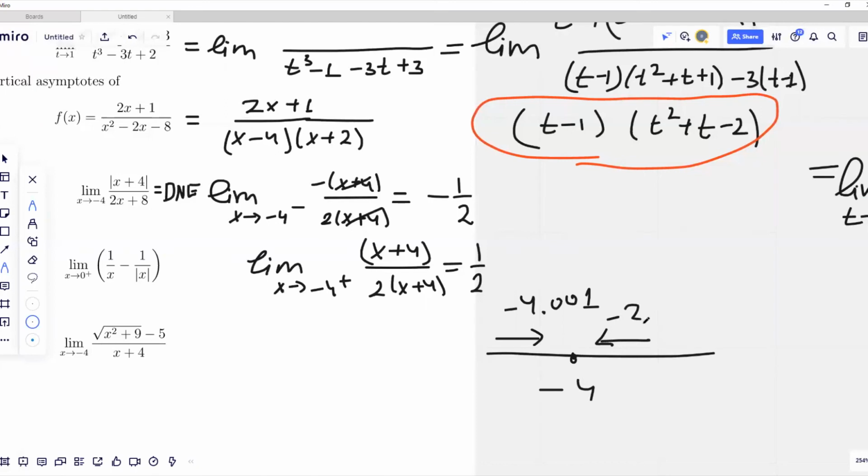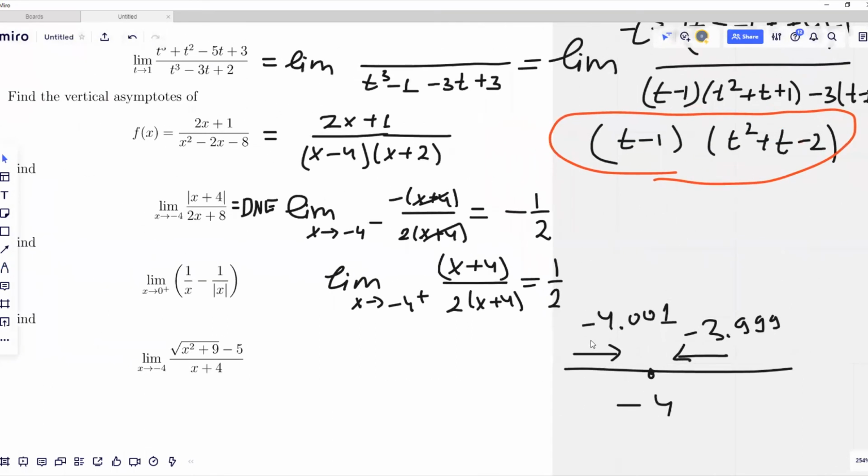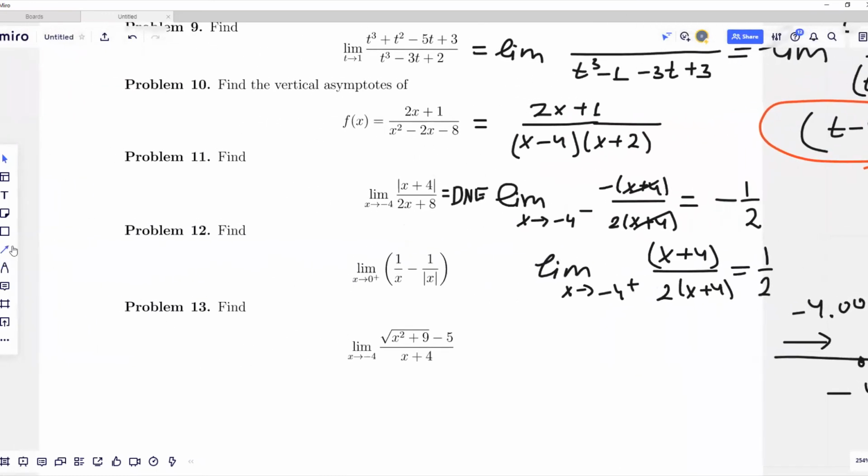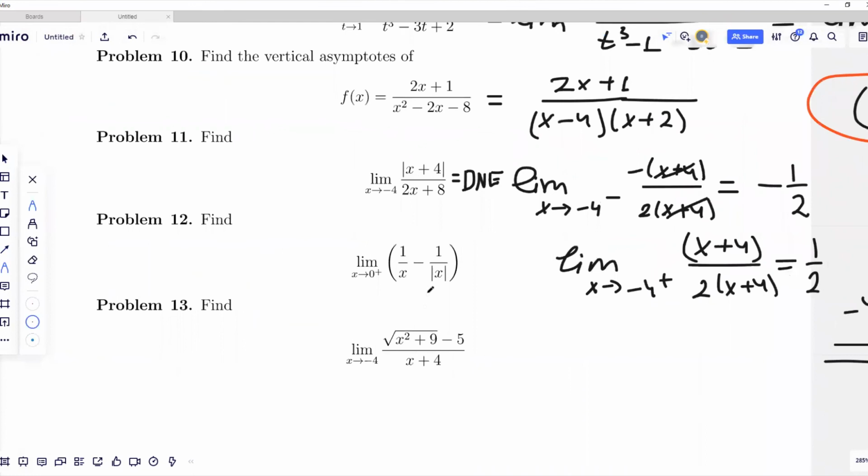So this is something like -3.9. If you substitute here, you can see that when we approach from the left side, we should open the absolute value sign with a minus sign. And when we're approaching from the right side, that will open up with a positive sign. Okay. Next problem.